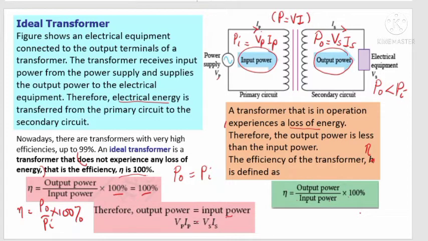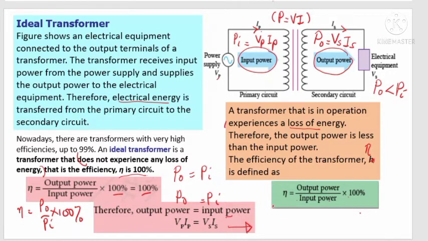So we get PO equals PI. PO is the output power, PI is the input power, or we can write VP IP equals VS IS. This relationship we can only apply when we mention an ideal transformer.